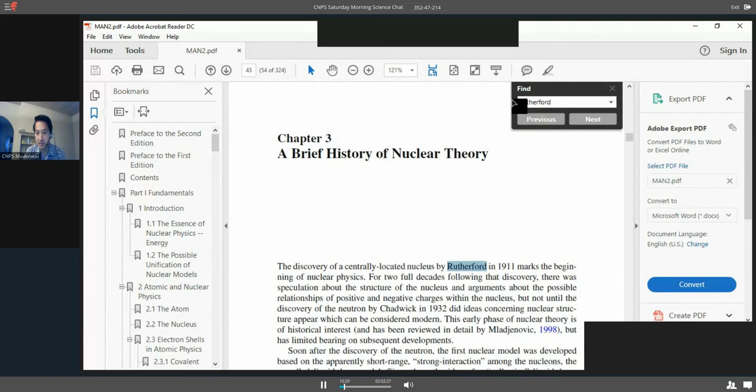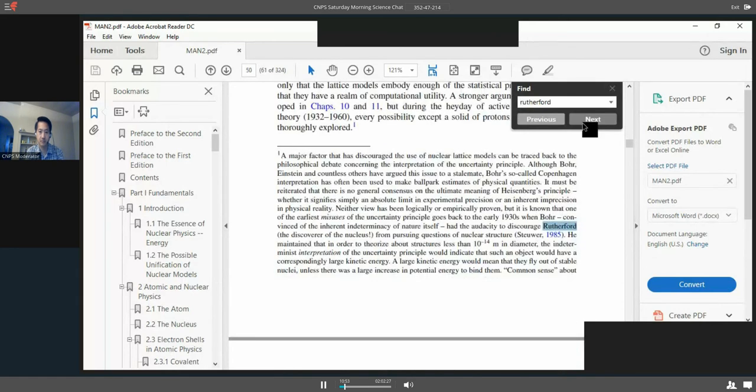I'd like to point out that there are other models as well, besides the liquid drop and the shell model. There are other lattice models in nuclear science. What's particularly interesting about Cook's model is he's using a face-centered cubic lattice.